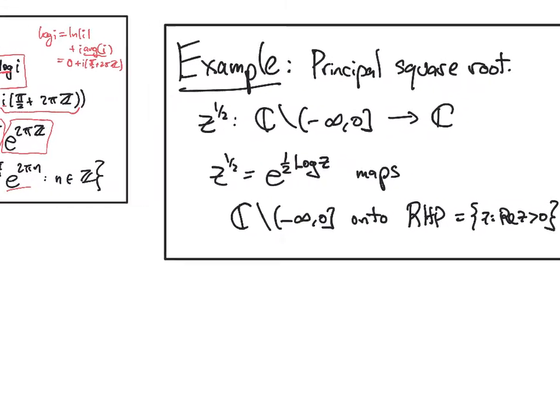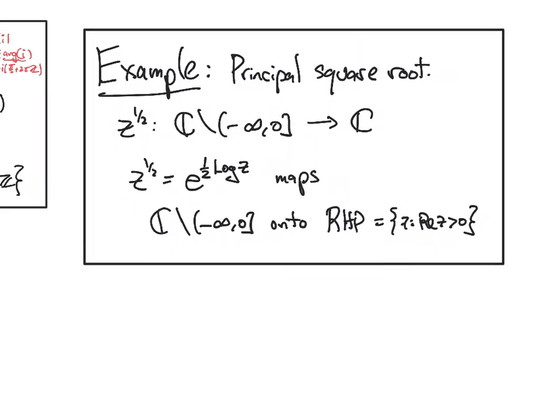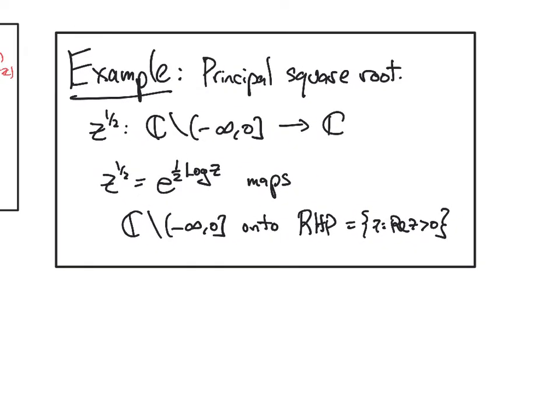So a particularly interesting example of a principal power is the principal square root. I'll just write it with this notation, but you do have to keep in mind, generally this is ambiguous, and so if someone says z to the 1/2, you should ask them which branch they are taking.